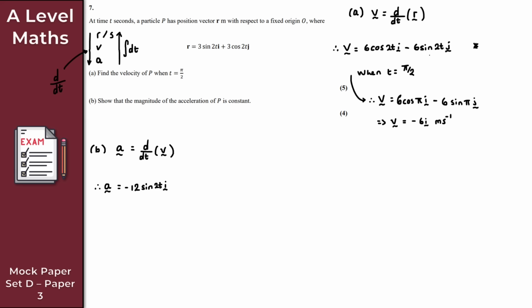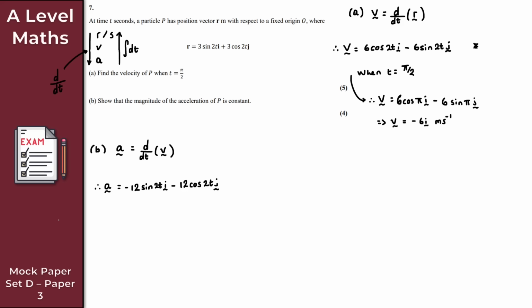And then for the minus 6 sine 2t j, that will differentiate to give me minus 12 cos 2t j. Obviously just be careful with the signs here, and that's the only real place that you can trip up with this question.